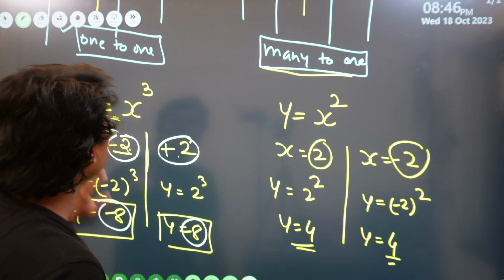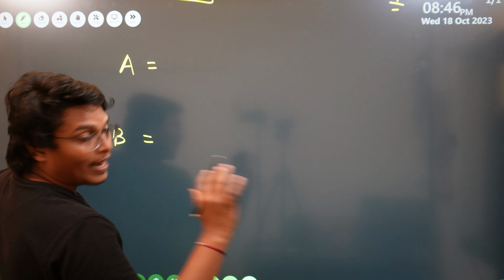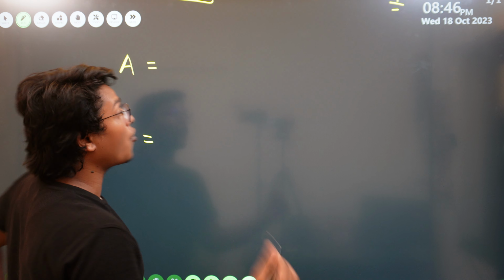If your point is clear till here, let us understand one more type where functions can be asked. We have taken two families, family A and family B, right? Now I am giving you a question in the form of coordinates.